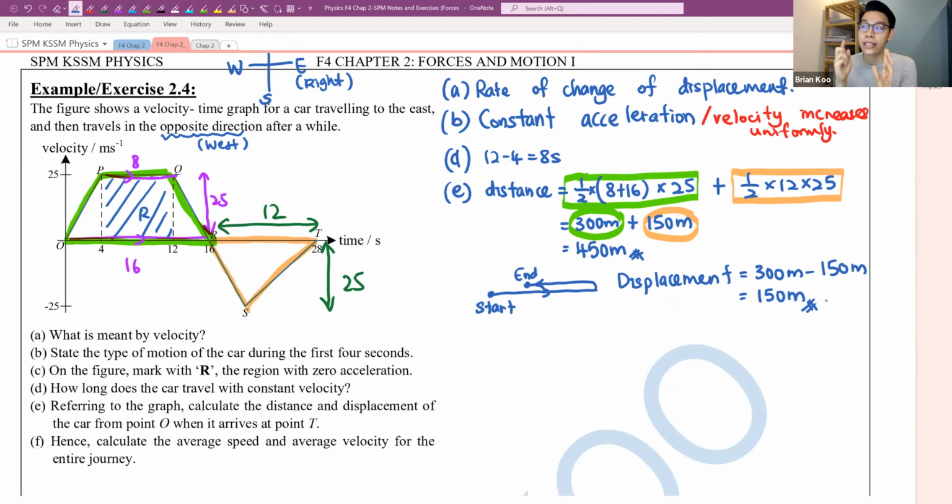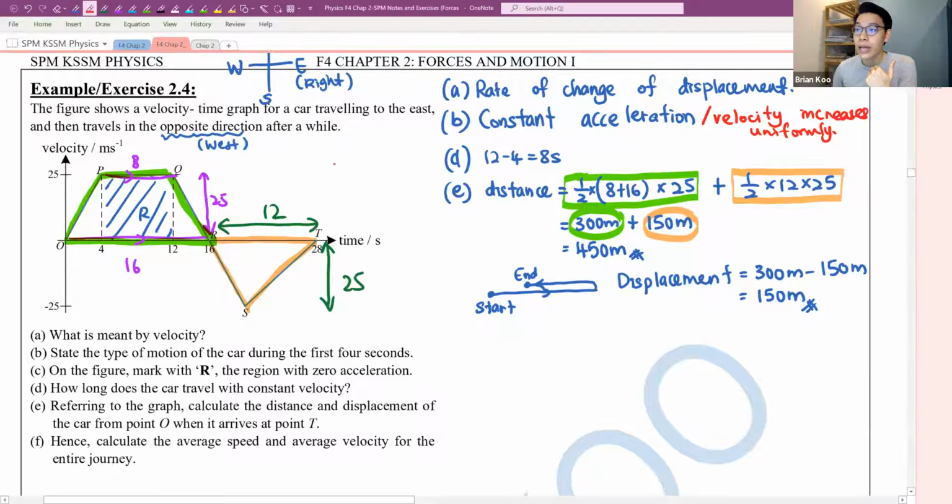Why? Because at the start, I keep telling you guys that the positive velocity means it's traveling to the right, for example, which is to the east for this case. Negative velocity means it's traveling in the opposite direction. For this case, it's to the west, to the left side.